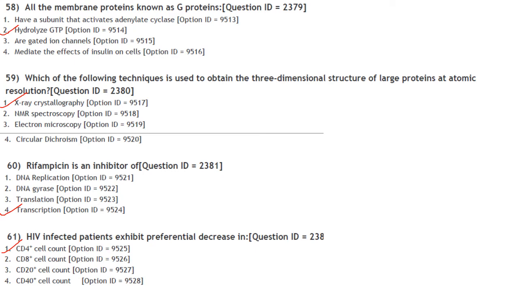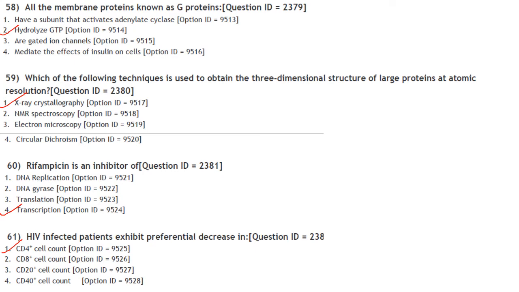Then next one. Which of the following techniques is used to obtain the three-dimensional structure of large proteins at atomic resolution? So it is X-ray crystallography. Answer is option 1. Then rifampicin is an inhibitor of? So rifampicin is an inhibitor of transcription. Answer is option 4. HIV infected patients exhibit preferential decrease in?